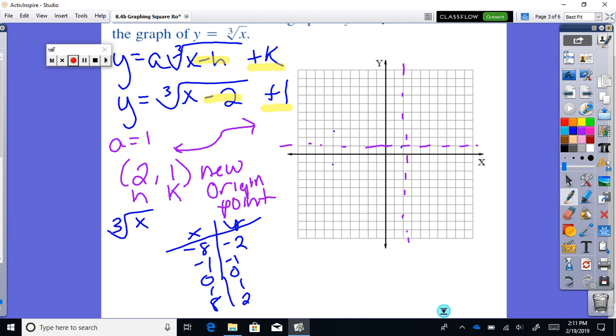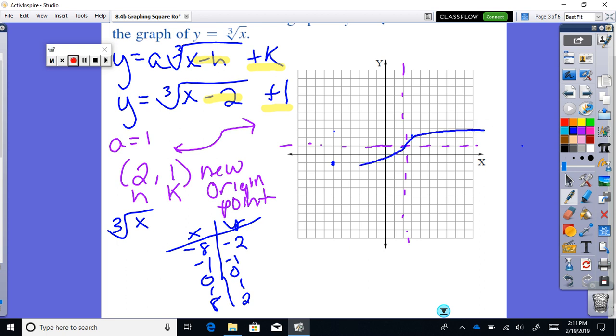So the point is actually negative 6, negative 1 is the real point, but from my shift, that's the one I want. Then to the left of there and down 1, and then 0, 0 is actually that point 2, 1. So I go through that point. Then from my shift point, my new origin, up 1 over 1, and then over 8, up 2.